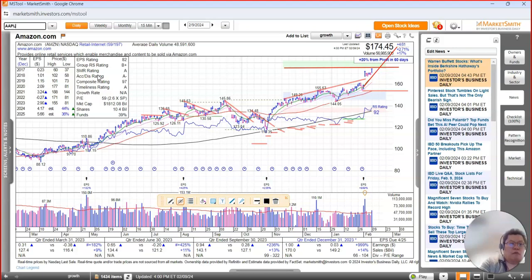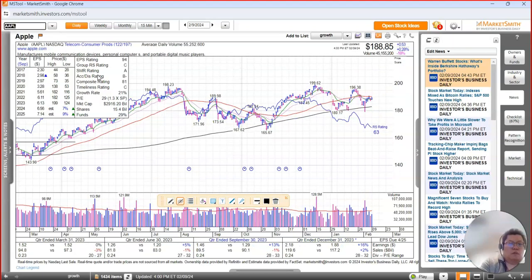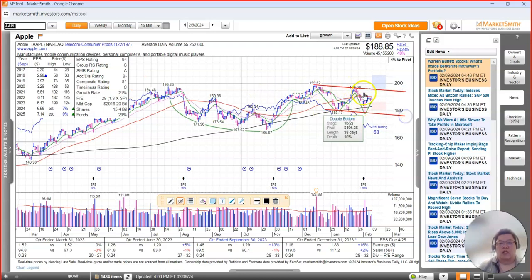Now we're going to look at Apple. Apple, again, is very boring in my opinion. It's not doing much, just going back and forth. It's under the 50-day, so that's still a negative. It's still in a downtrend.